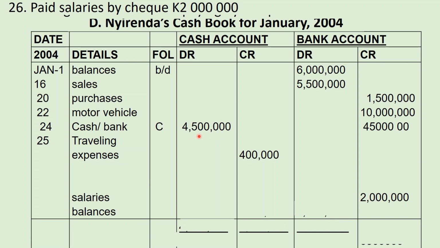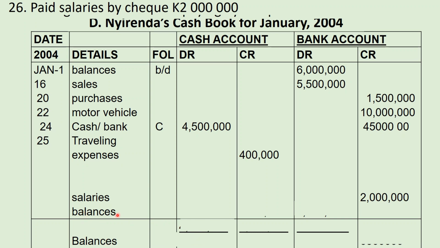So we're going to first write balances here to show that these are going to be the balances transferred into the next trading period. So we write balances here, and also down here we're going to write balances. We'll leave a space here.